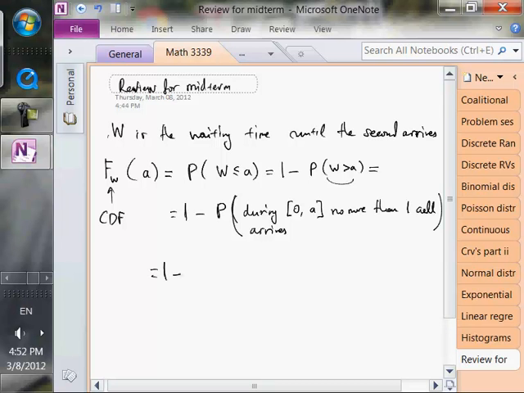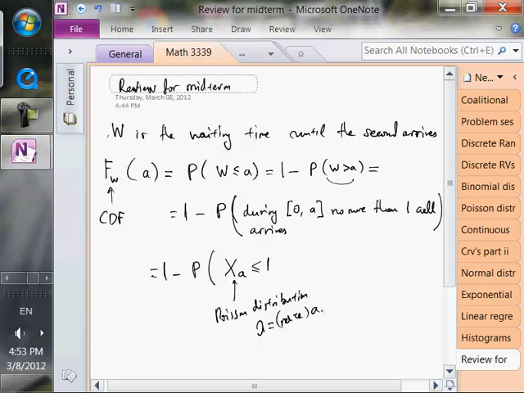So this is 1 minus the probability that during 0 to A, now you have a Poisson process, that X sub A, which has a Poisson distribution. What is the mean of this Poisson distribution? Lambda is the rate times the length of time.